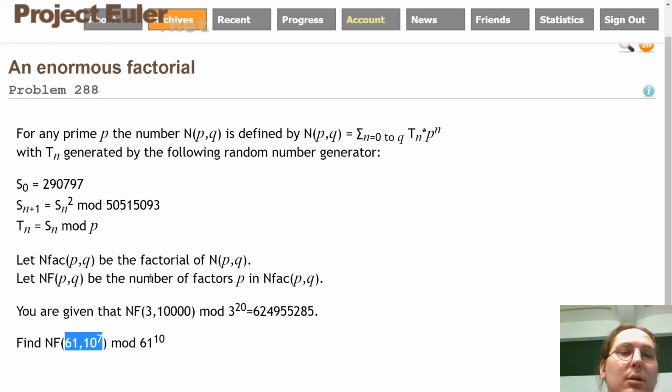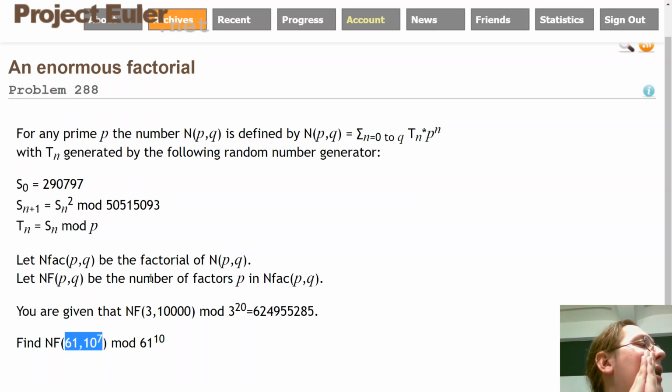That's clear. You take the logarithm, and you have the number of threes. Logarithm base 61.